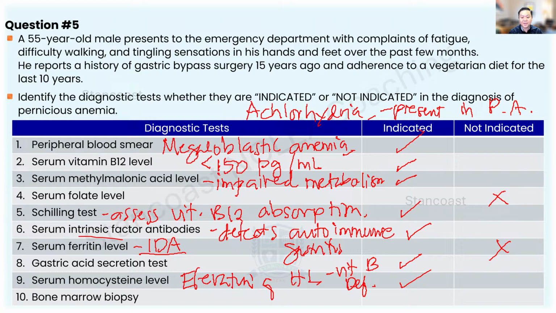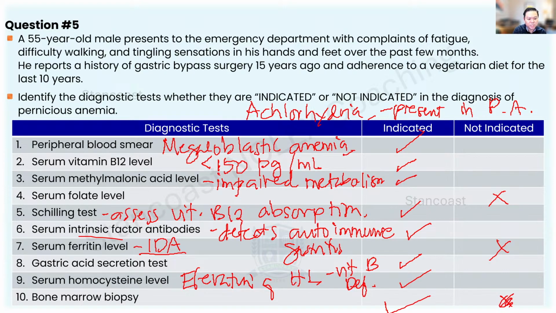What do you think about that? This is going to be not indicated. This is only going to be useful for the diagnosis of severe vitamin B12. So we're not really gonna consider that one. Well, maybe I'm changing that one. Actually, that is indicated.